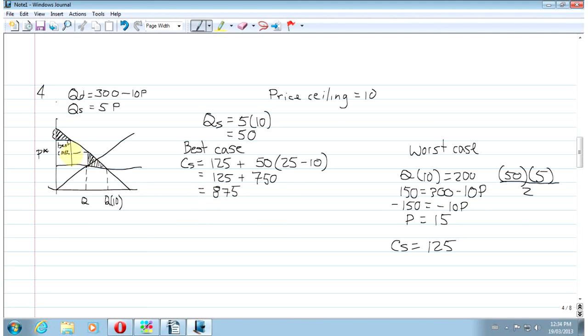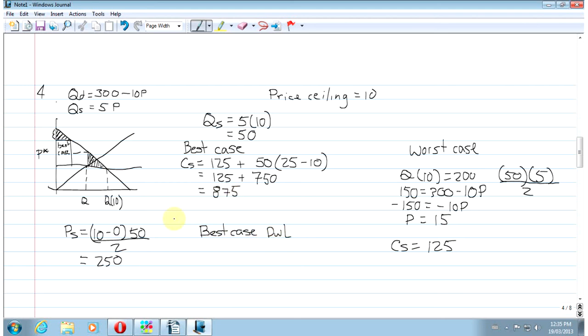And then we just need to work out the producer surplus, which is 10 minus 0 times 50 divided by 2, is just 250. Okay, so we have a best case deadweight loss.